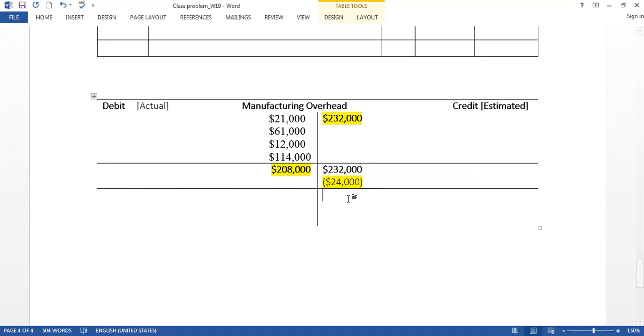These two numbers are equal, $208,000. Do you understand this part?